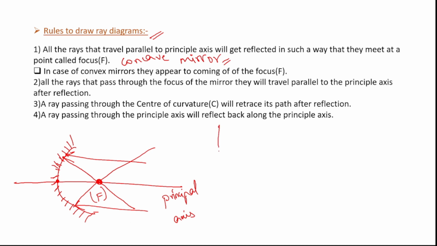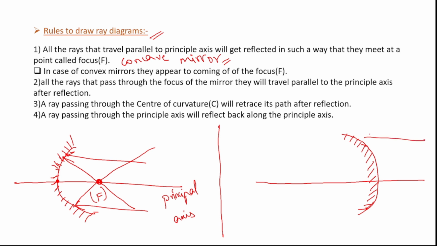But in case of convex mirror, what will happen? Let us draw a convex mirror. So this is a convex mirror, right? So whenever a ray travels parallel to the principal axis, so this is the principal axis in case of convex mirror, and falls onto this convex mirror, what will happen? It will diverge, right?